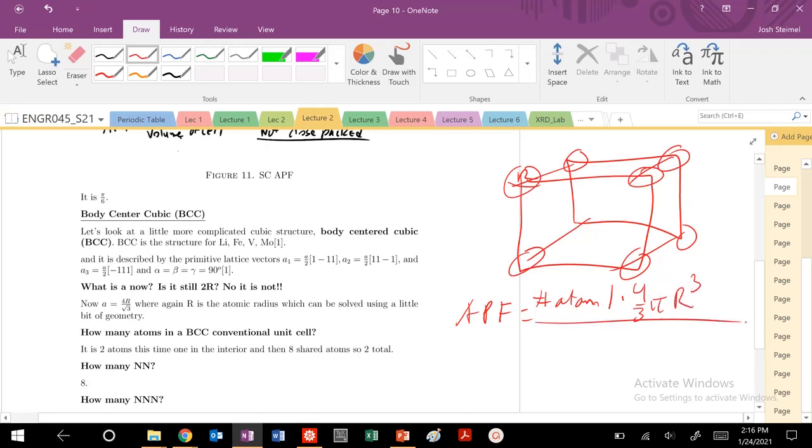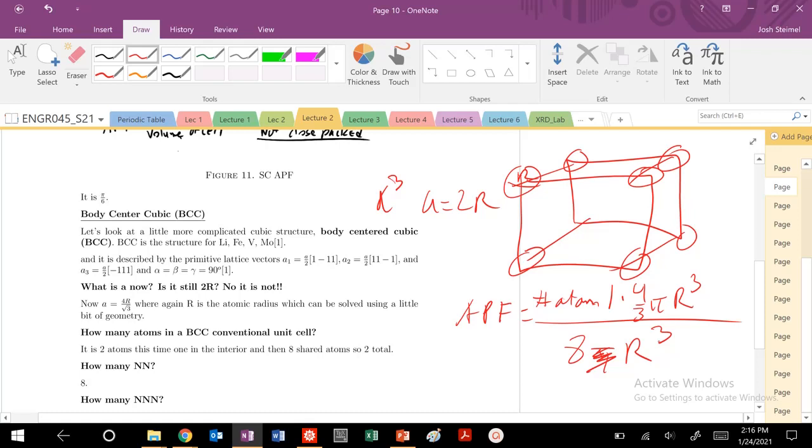What's the volume of my simple cubic unit cell? Well, it's a cubed, where a is equal to 2r. So 2 times 2 times 2 is 8, or actually, excuse me, not 8 pi, 8 r cubed.